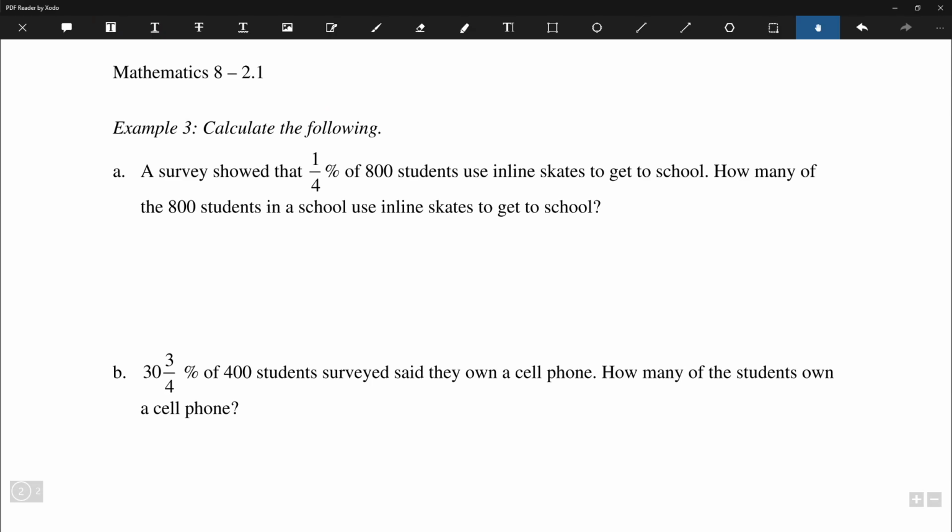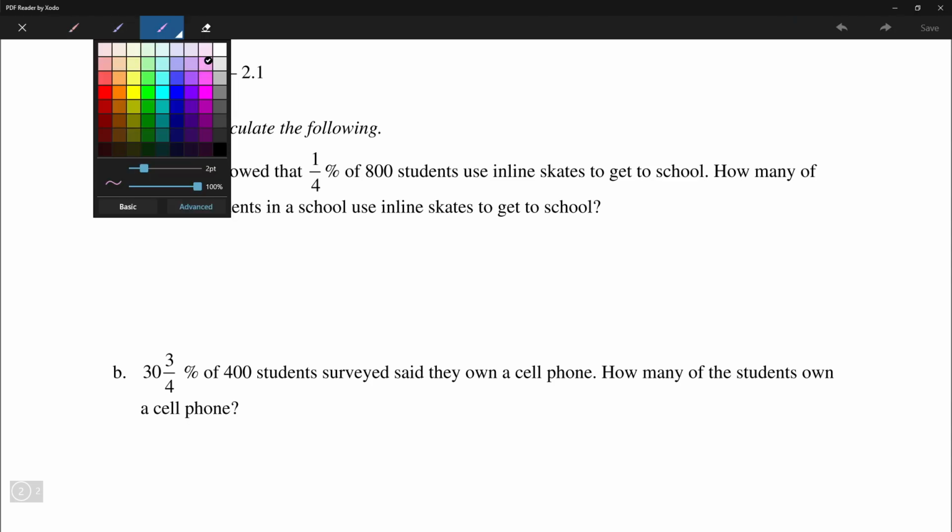So in some cases, using mental math may not be necessary. So let's see example 3a. A survey shows that 1/4% of 800 students use inline skates to get to school. How many of the 800 use inline skates to get to school?